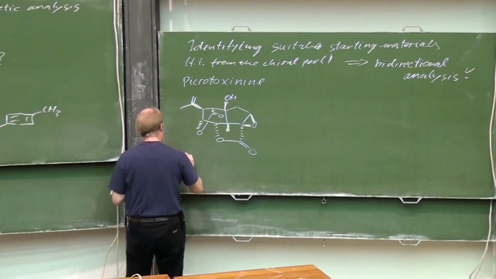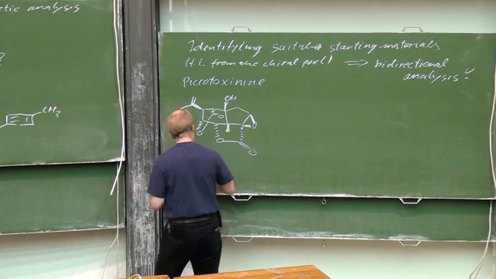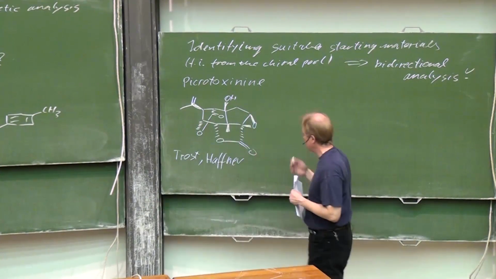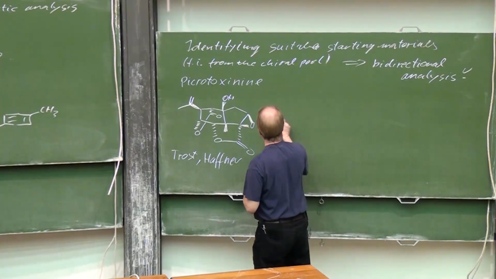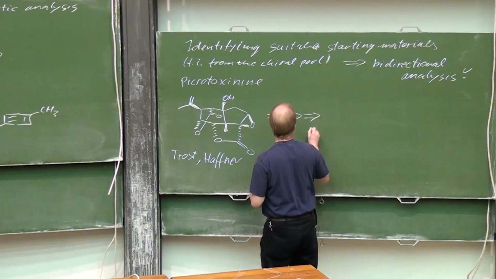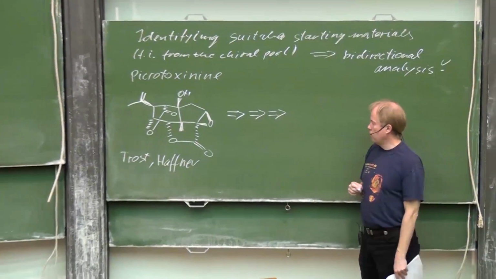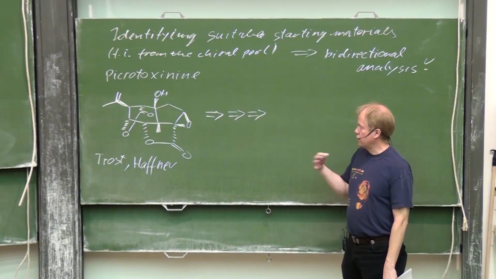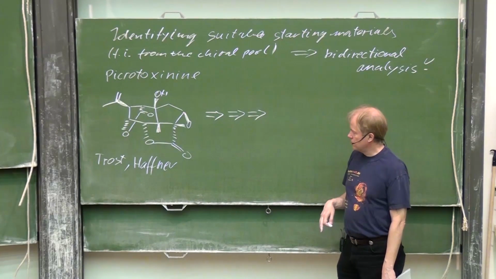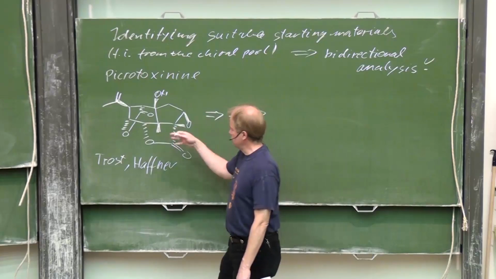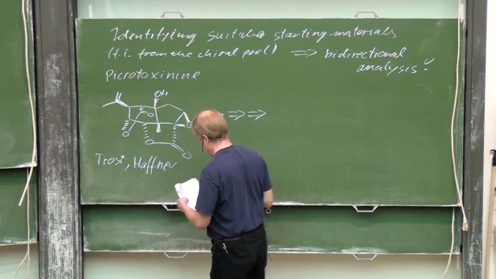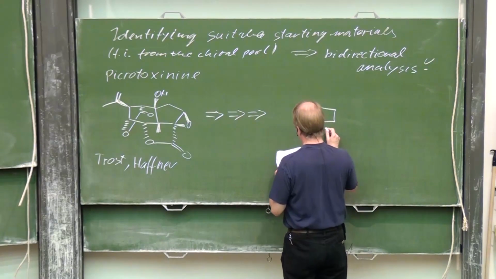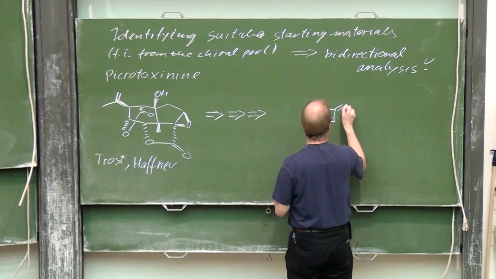So, again, Barry Trost and Kurt Hafner. They had to look for a natural product from the chiral pool, which has a structural relationship to that, and found that there are some similarities.